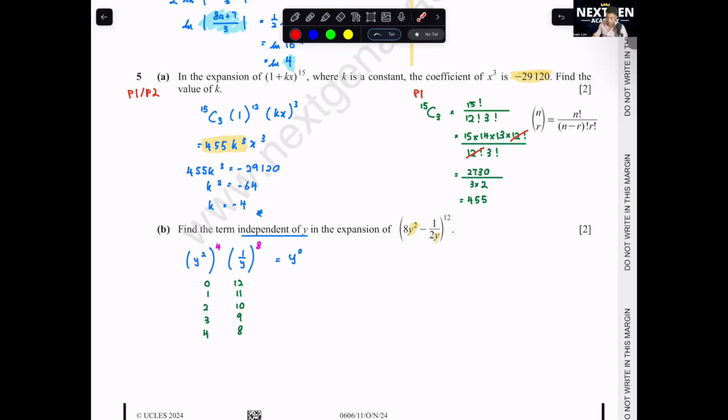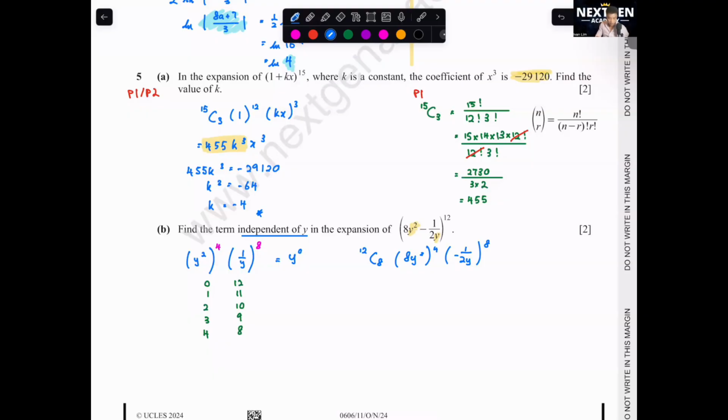Okay, so you can write either 12C4 or 12C8, up to you. So here we'll write 12C8, 8y squared to the power of 4, minus 1 over 2y to the power of 8. Okay, go and do your 12C8.